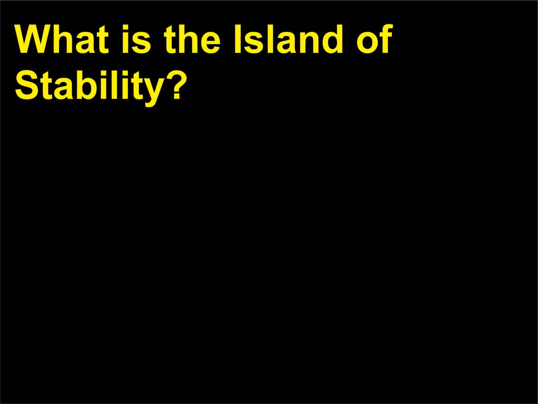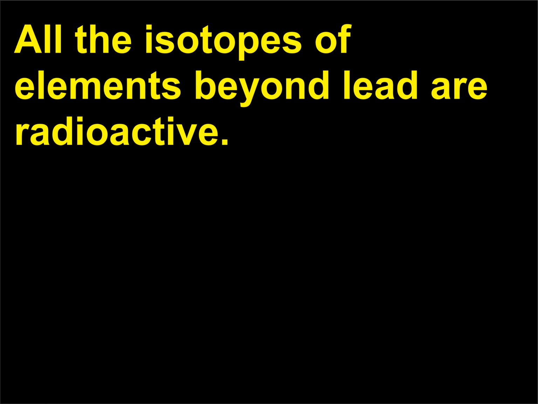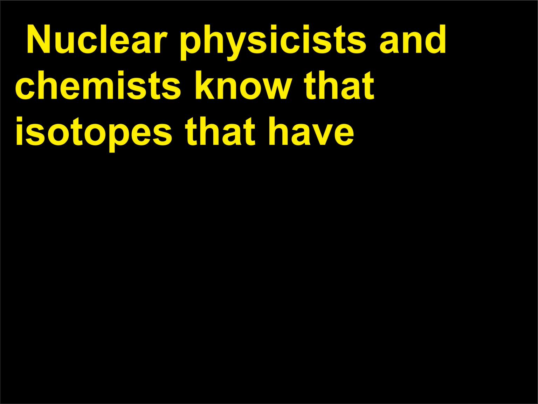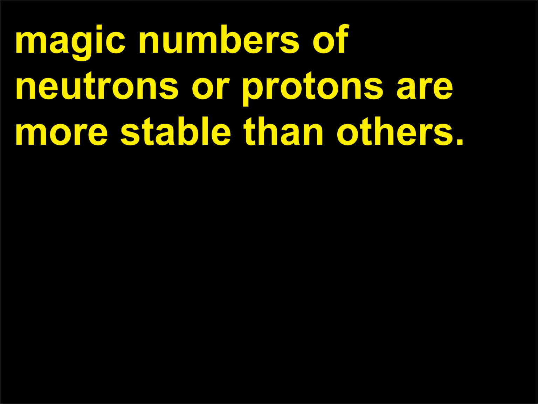What is the island of stability? All the isotopes of elements beyond lead are radioactive. Some have lifetimes of tens of millions of years, while others are fractions of a second. Nuclear physicists and chemists know that isotopes that have magic numbers of neutrons or protons are more stable than others.